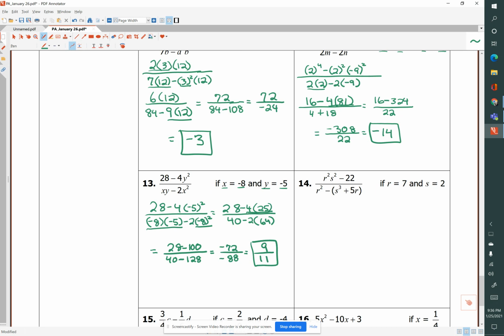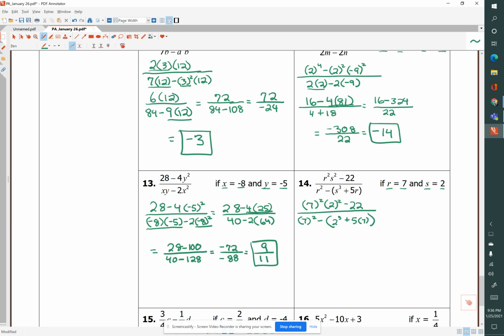And now number 14. We're going to substitute r for 7 and s for 2. So r is 7 squared times 2 squared minus 22. And in the denominator, 7 squared minus the quantity of 2 to the 3rd power plus 5 times 7.